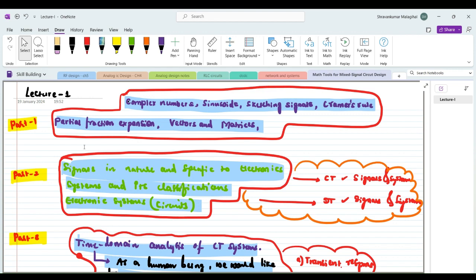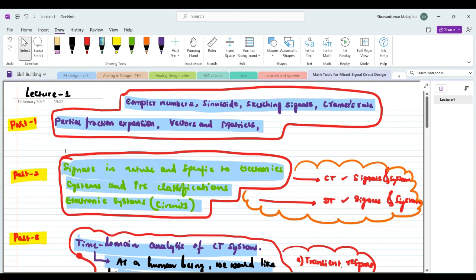The course name is Mixed Signal Mathematical Tools for Mixed Signal System Analysis and Design. This course involves a lot of basic mathematical concepts, and then we will elaborate on some advanced mathematical tools which depend upon these basic math topics.